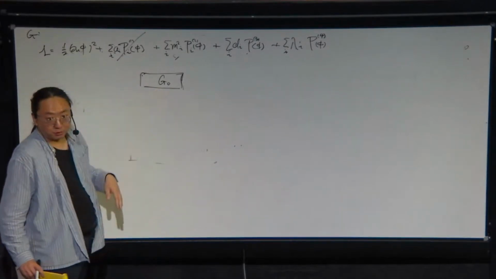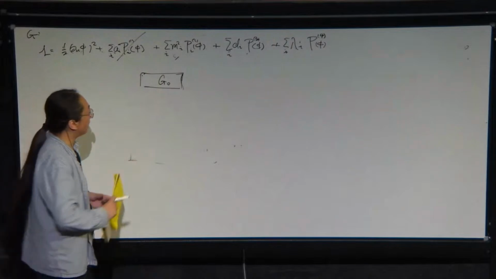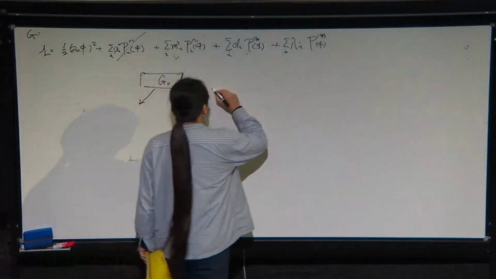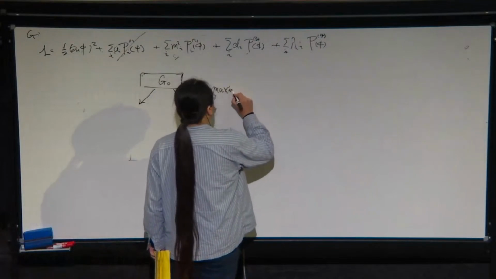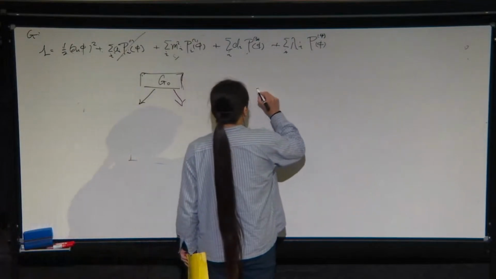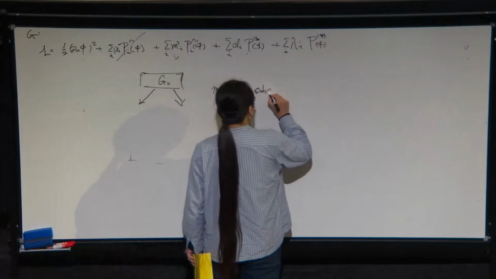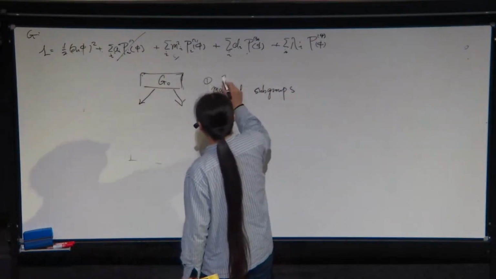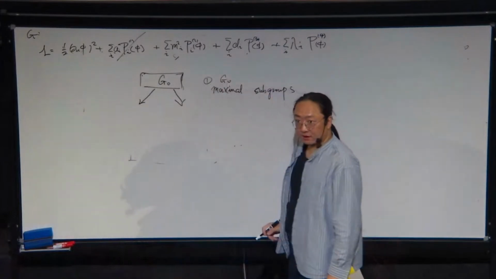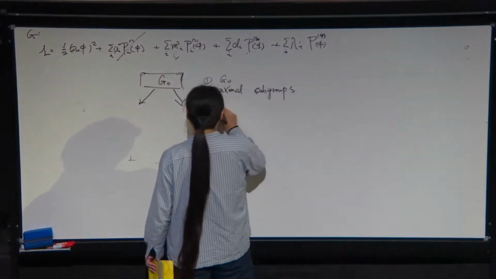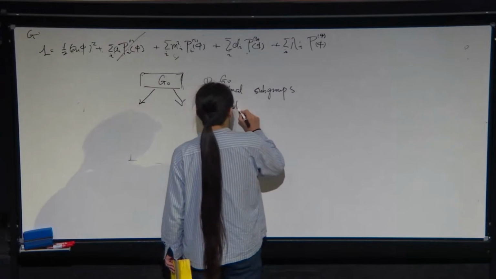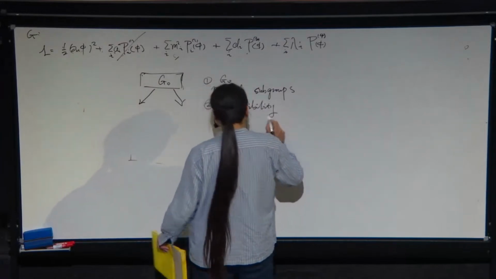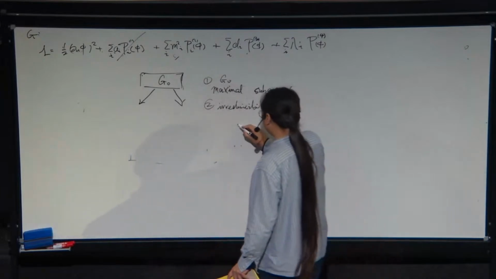You use GAP to find the subgroups, you find the maximal subgroups. Start from G0. Second step, you check irreducibility, which is basically you calculate this quantity.